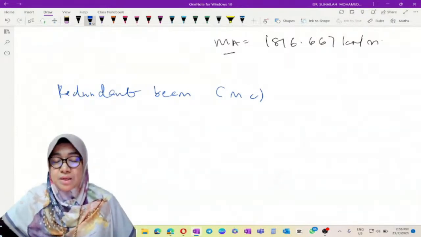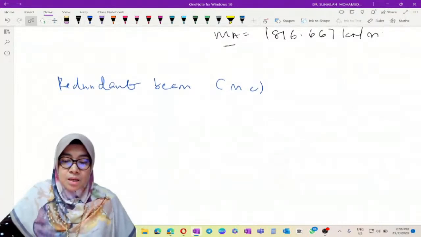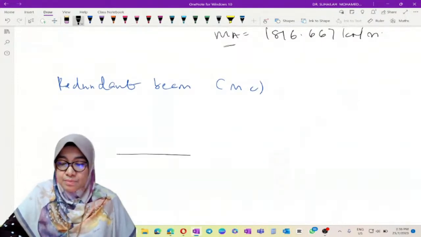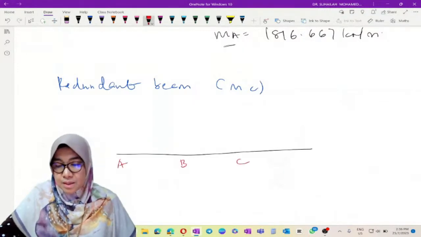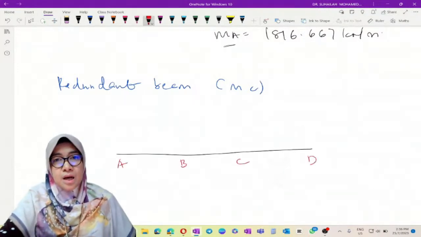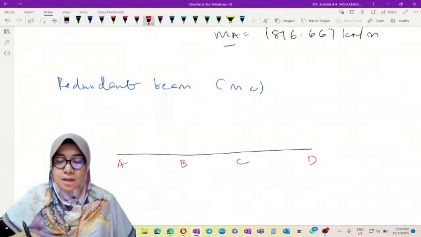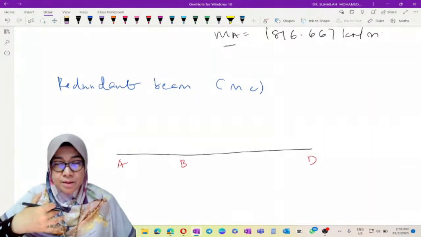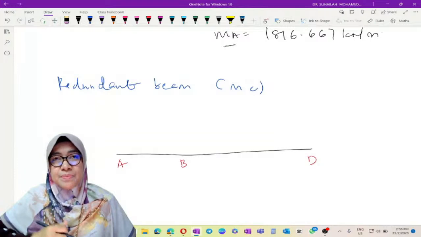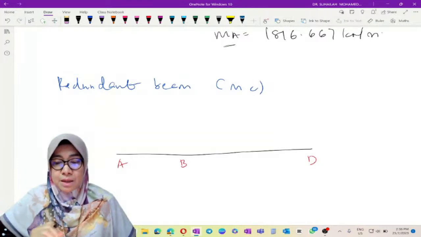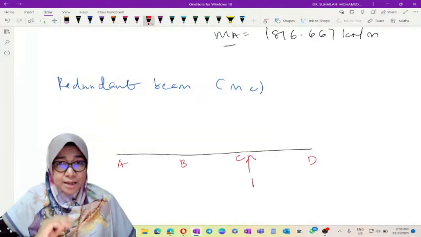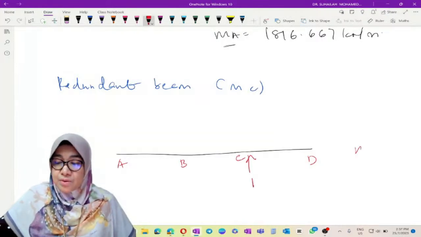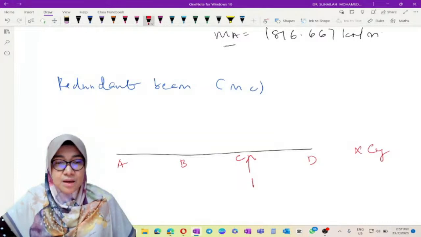Both can be used. So we have the beam A, B, C, and D. CY means redundant CY applied. Redundant beam means this is a beam which is subjected to a unit value of redundant.